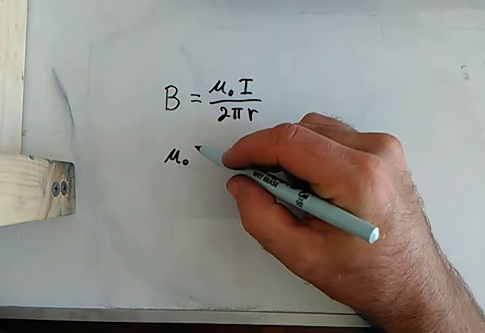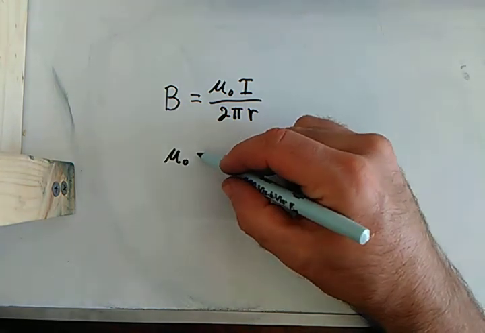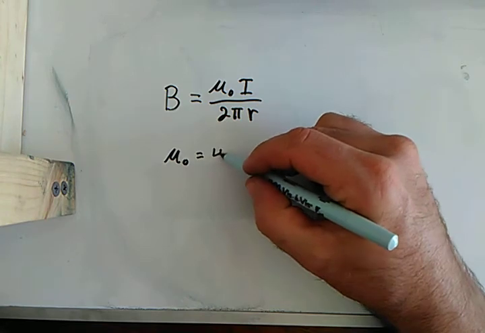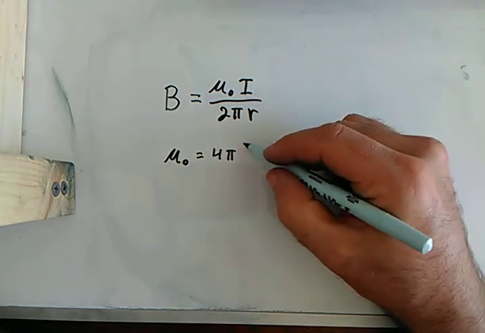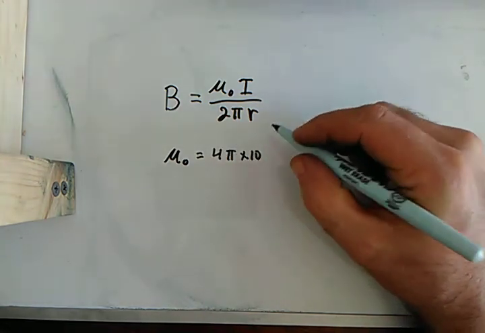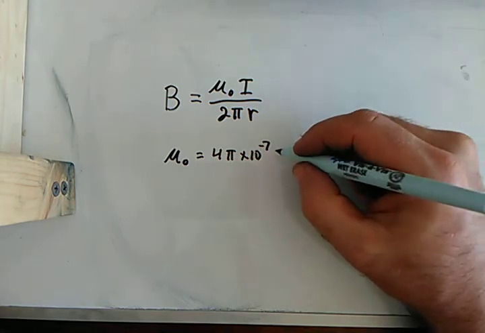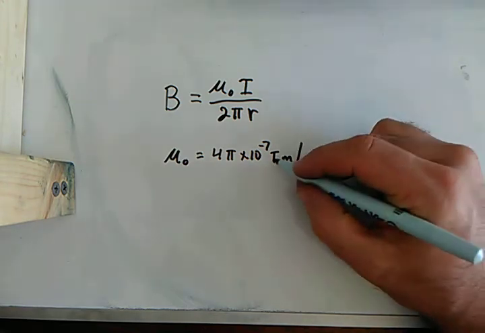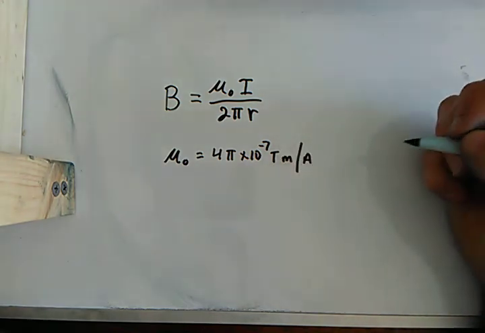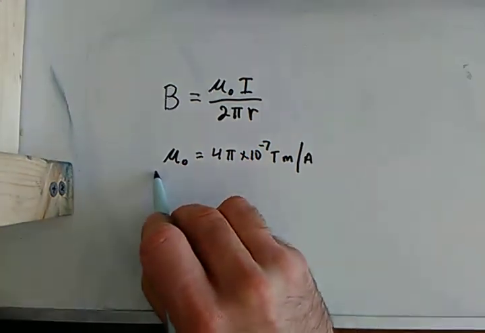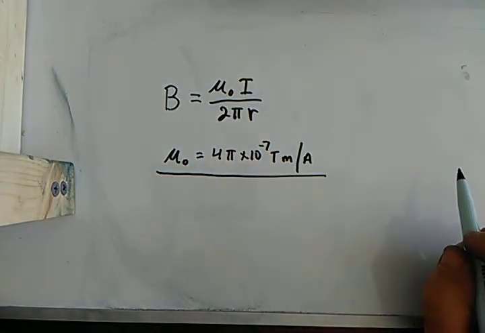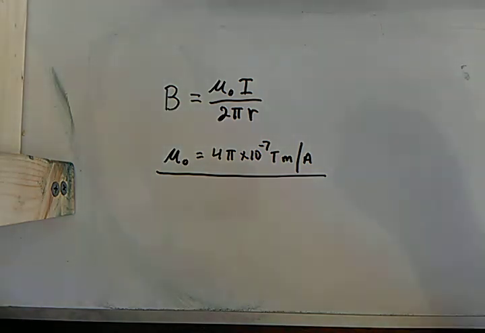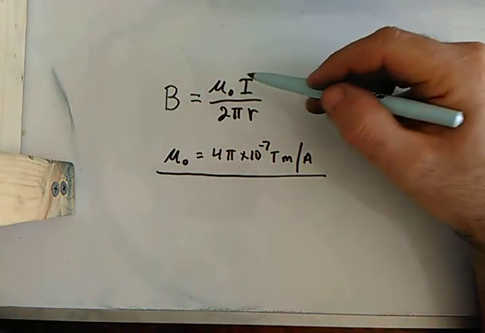This is the permeability of free space. This is equivalent to 4 pi times 10 to the negative 7th. Very weird units: Tesla meters over amps. This is a constant you're going to want to write down and have available to you, and be able to use in the formula.